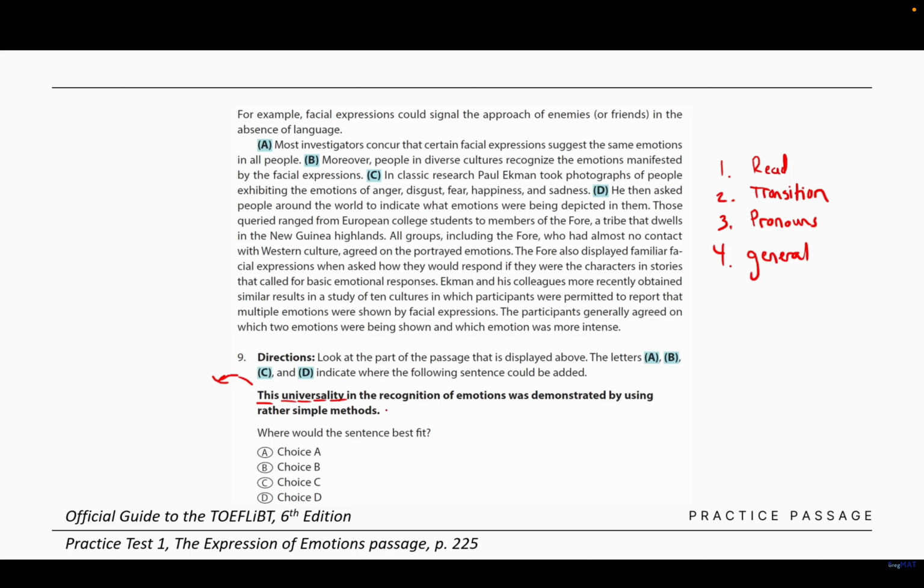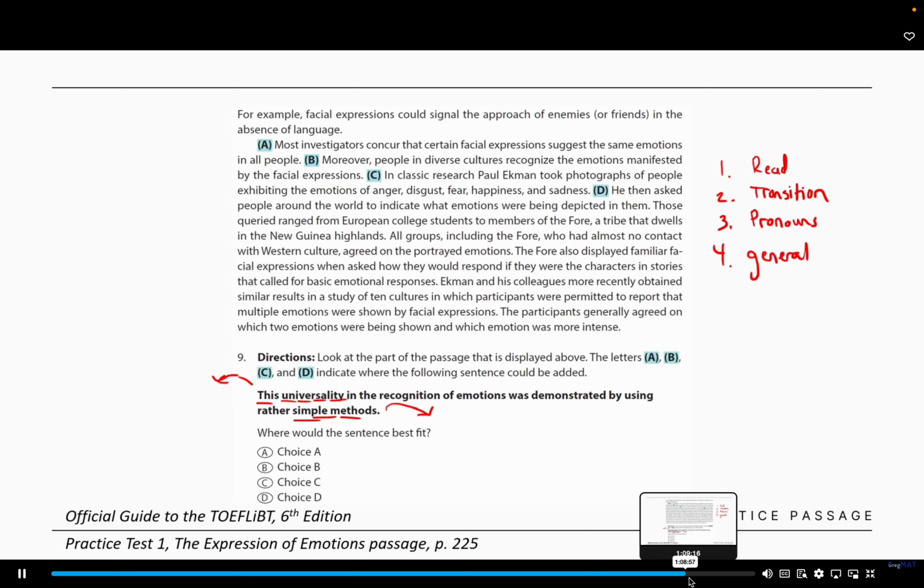What about what goes after? Describing the simple methods? Yeah, so method 1, method 2, method 3, method 4, et cetera, right? Does that make sense? Okay. So that's probably enough information. With the fact that universality goes before and methods go after, take about 30 seconds or so, and then I'll call you again to get the answer.